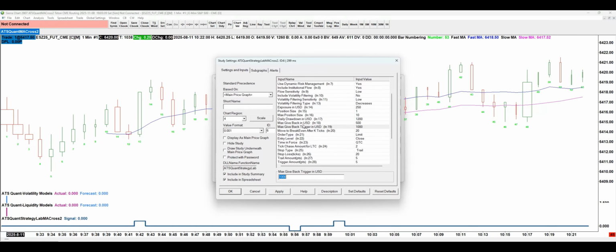So our max give back and our max give back trigger, these parameters just control once we're up a certain amount in terms of our P&L. For example, if we were to give back $500 after being up $1,000, we would just stop trading. And this is a way that we've built in to protect our winning day.